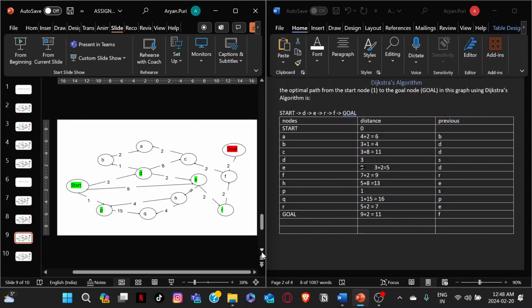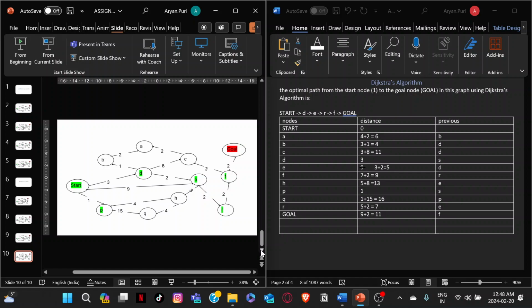The distance is 9, and now F is explored which has one neighbor, that is the goal node. The distance for the goal node is 9 plus 2, that gives us 11, and then H with distance 13.